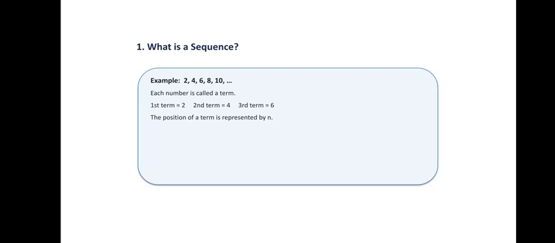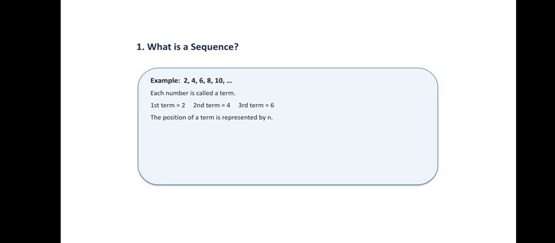And each number is called a term. So looking at the numbers that we have in our example, 2, 4, 6, 8, 10. 2 is a term, 4 is a term, 6 is a term. So we call them first term, second term, third term, fourth term.